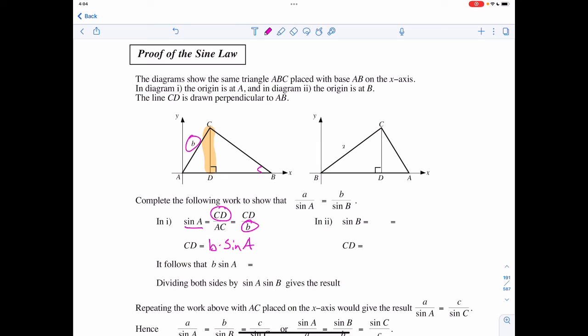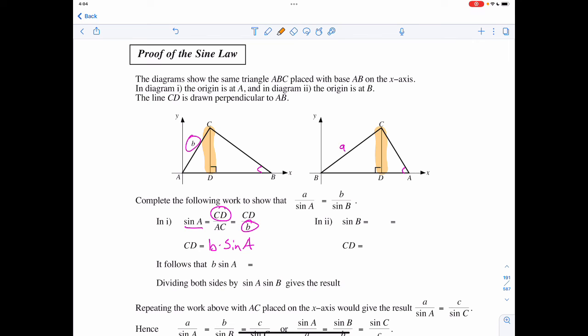If I flipped the triangle, then suddenly this is side length A. I still have that verticality or height or altitude, depending on the term you want to use, of CD.